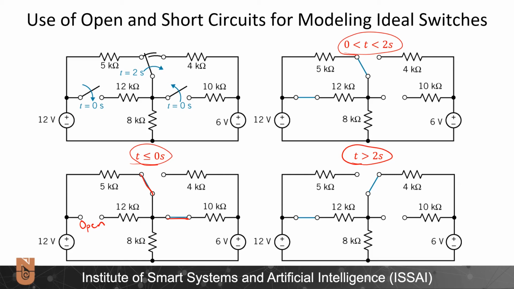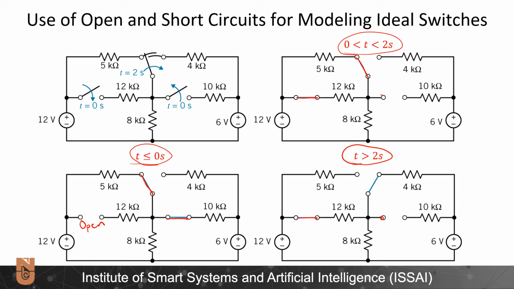When t is between 0 and 2 seconds, we just have this element getting closed, this element getting opened, and we still are connected to the left side for this upper switch. And after t is equal to 2 seconds, this element maintains its contact.